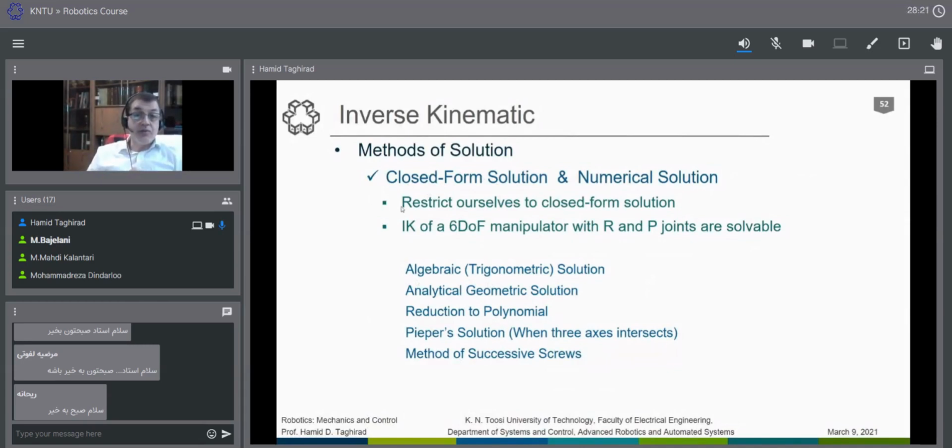The closed form solution is very important and very attractive because of two reasons. First, we can find the number of solutions that can exist. As you see, elbow up and down for a 2R manipulator; in a more sophisticated case, in an industrial robot, we can have even 16 different multiple solutions for the system.